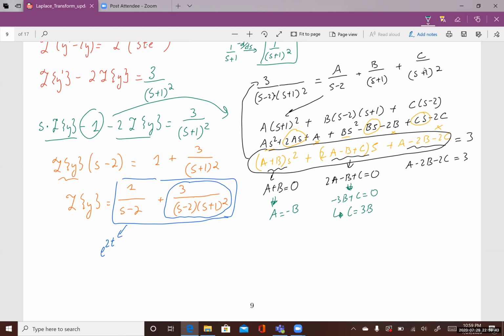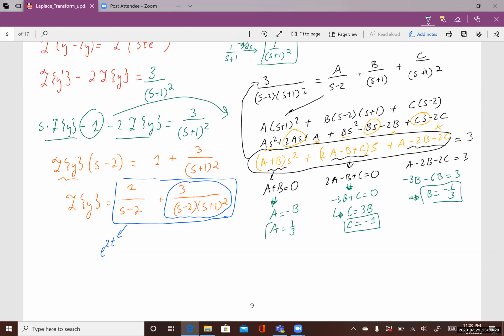So A and C are forced in terms of B, then I can replace those into the last equation to solve for B. A here is negative B minus 2B is negative 3B, minus 2C, and C is 3B, so negative 6B equals 3, meaning B equals negative 1/3. If B is negative 1/3, then A equals 1/3, and C equals negative 1.